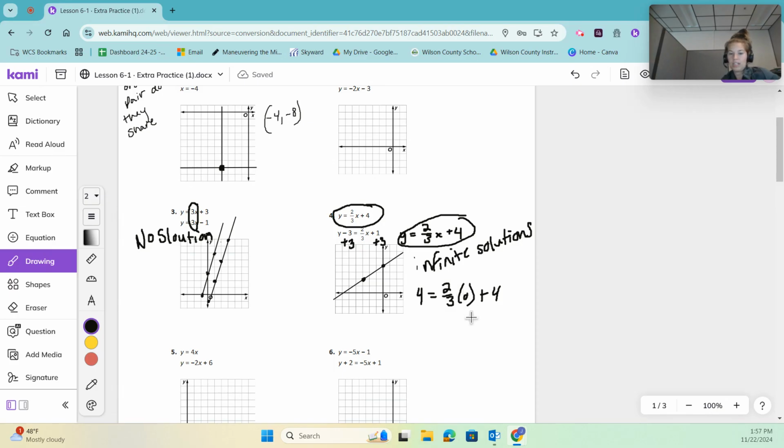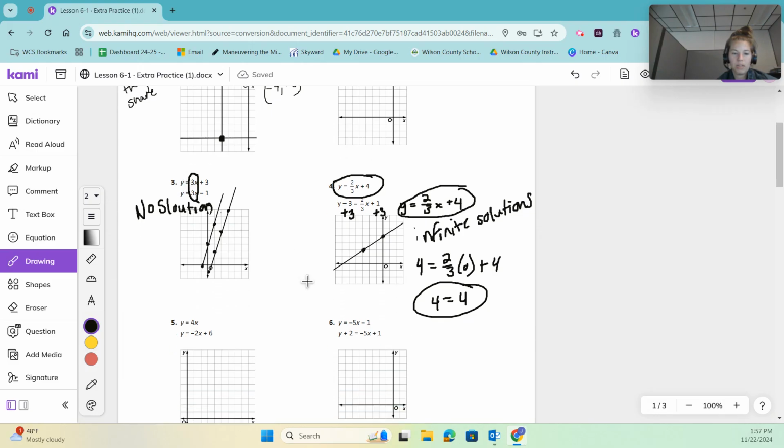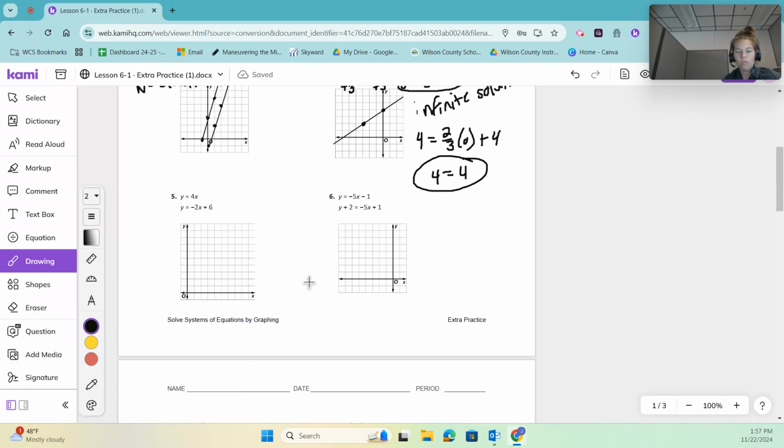Well, 2/3 times 0 is 0, and that gives me 4 equals 4. And that is going to be true for both. So this is infinite solutions. They're always equal. You can try this again if you plug 1 into both equations and so on. Let's take a look at another one.